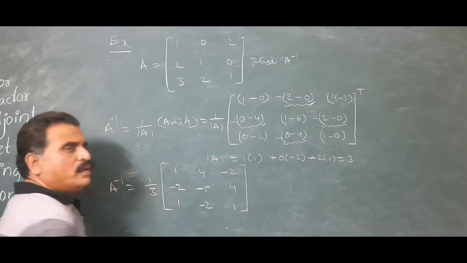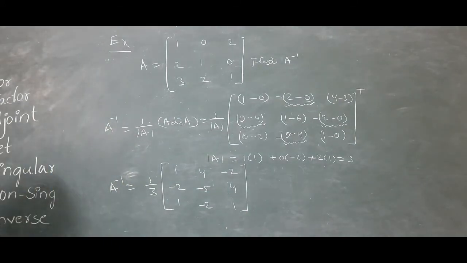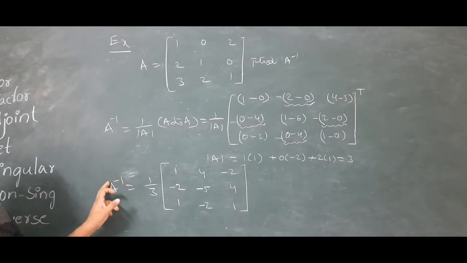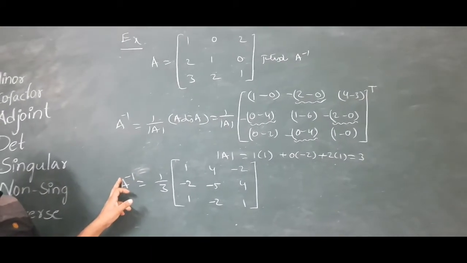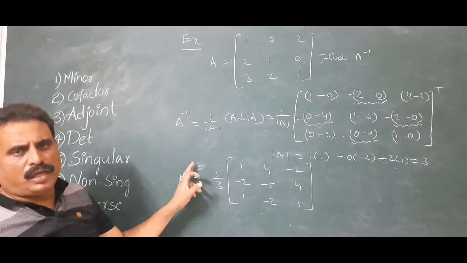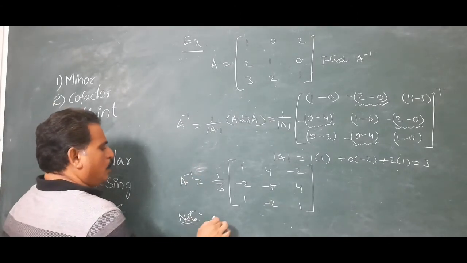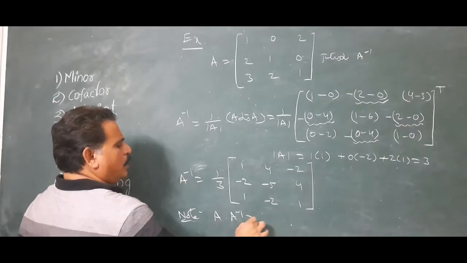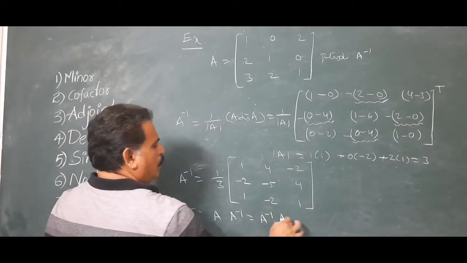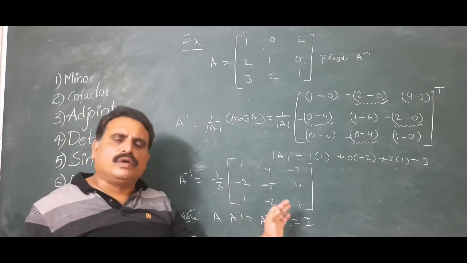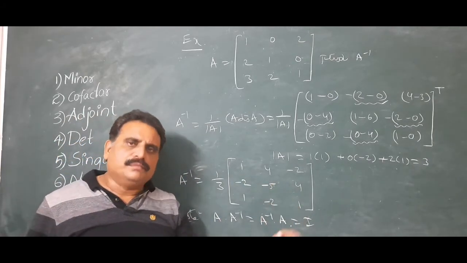This is the inverse of the matrix, A inverse. If you find A into A inverse, definitely that value is I. A into A inverse equals A inverse into A equals I. You can check that. I means 1 0 0, 0 1 0, 0 0 1.